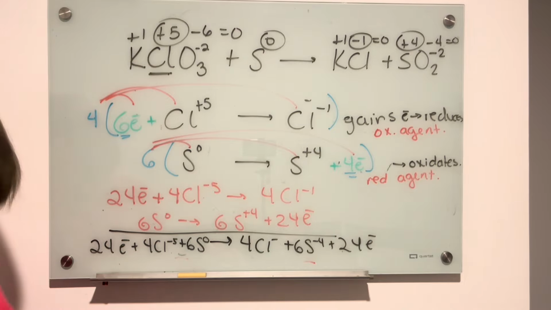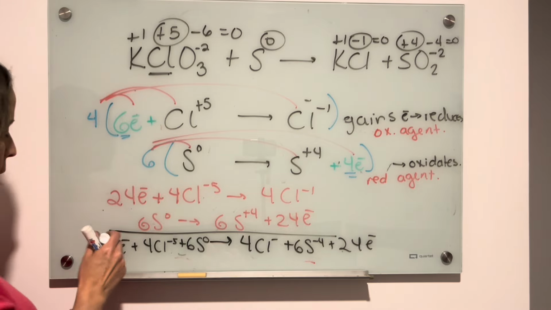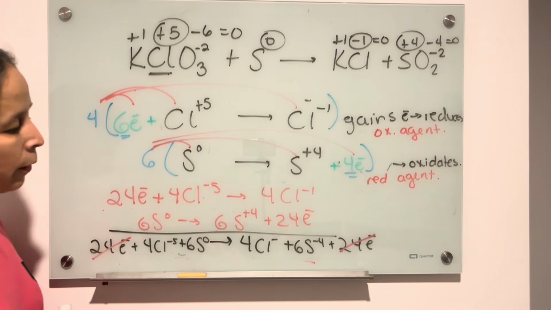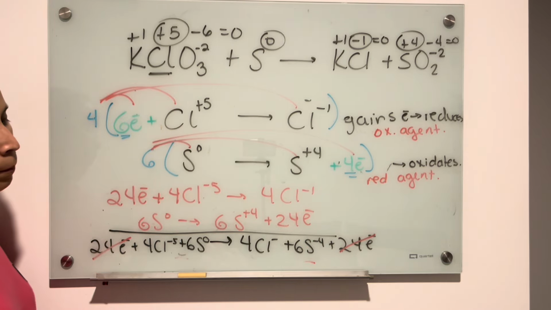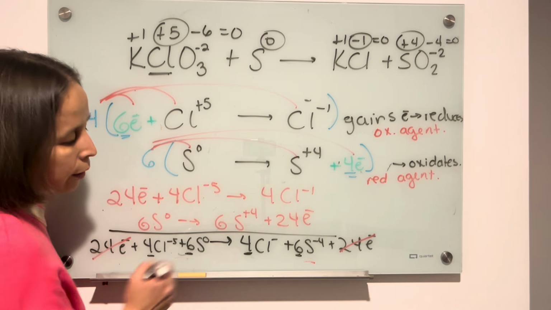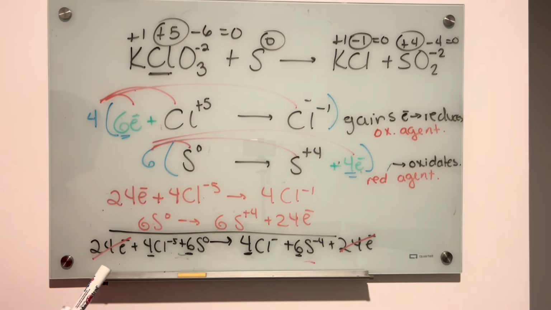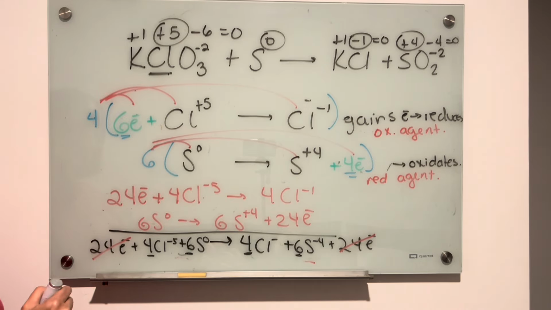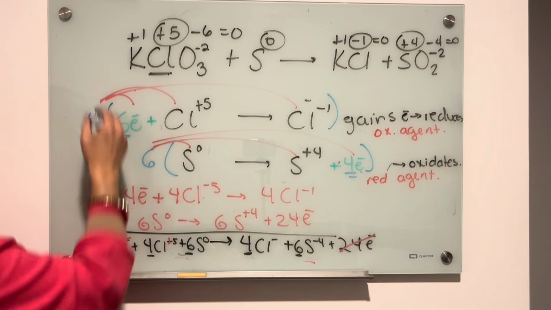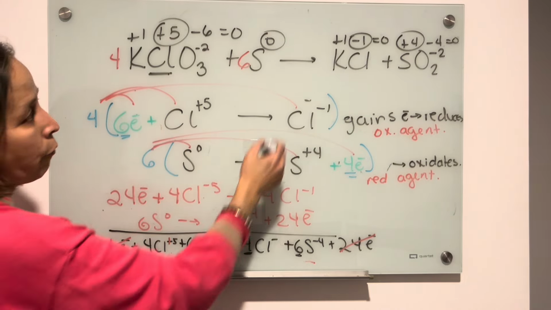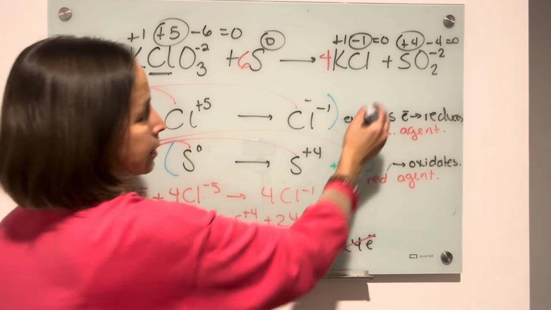And we have 24 electrons in each side of the equation, so we can eliminate them. These coefficients that we have in this part of the reaction, we can write in the original reaction. We have here 4, 6, 4, and 6.